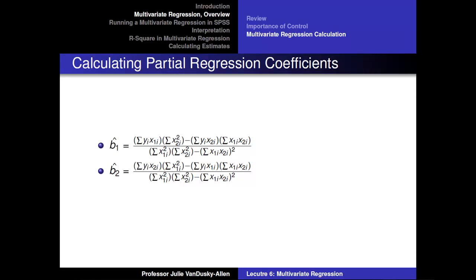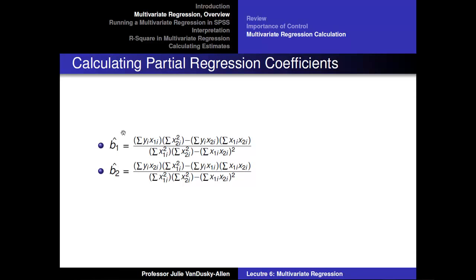So in multivariate regression, you calculate the coefficients b hat for each independent variable separately. Each calculation takes into account variation in all of the independent variables, just in different ways based on which variable you are focusing on.